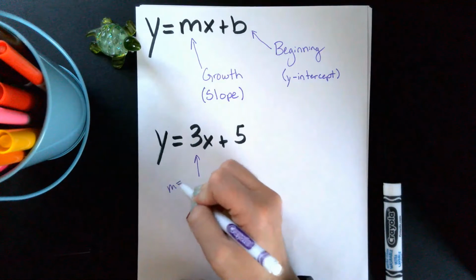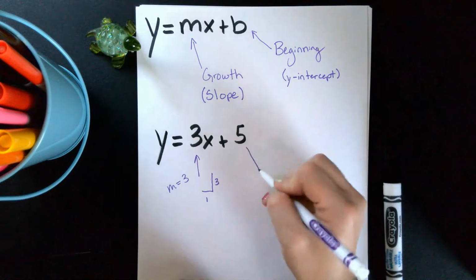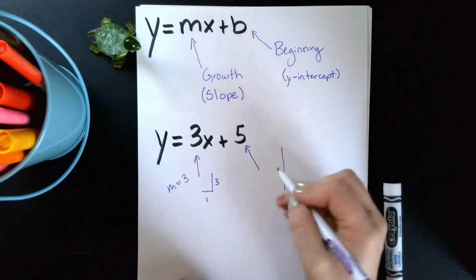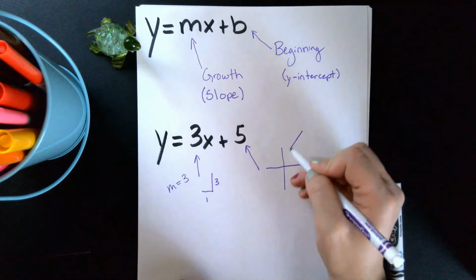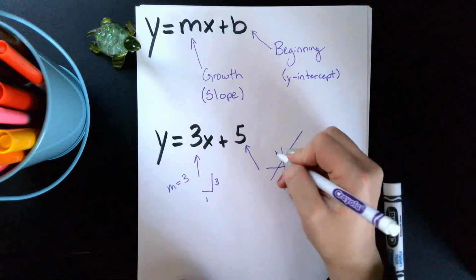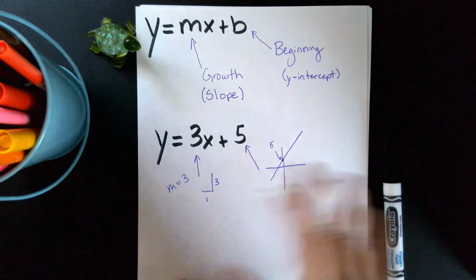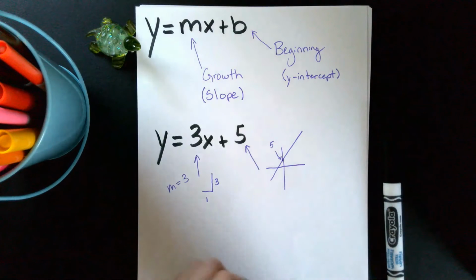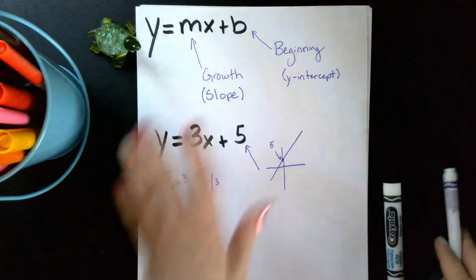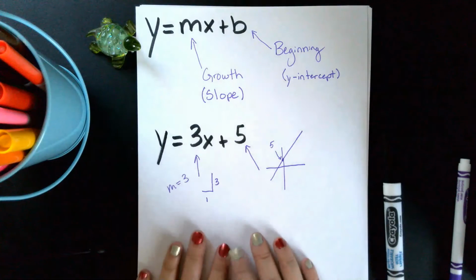So m equals 3. And you could tell me that my y-intercept, so where my line crosses, is 5. Or where it begins, so 0 is 5 on a table, figure 0 has 5 tiles in a tile pattern. This should be pretty easy for you to look at this point.